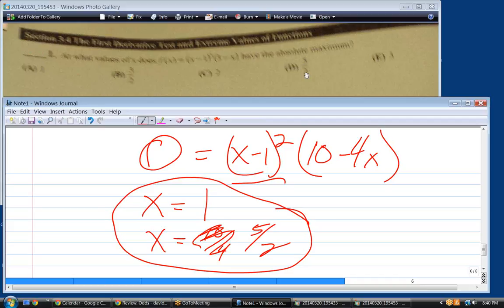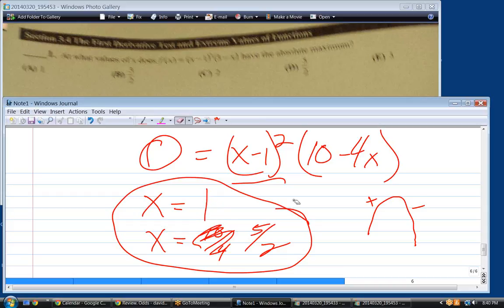There is a first derivative test, and there is a second derivative test. The first derivative test: if it's a maximum, then the derivative will go from plus to minus. If it is a minimum, the derivative will go from minus to plus. So let's see which one we have here. Let's substitute not 1, but a number to the left of 1.